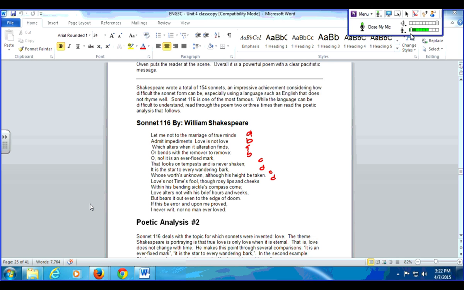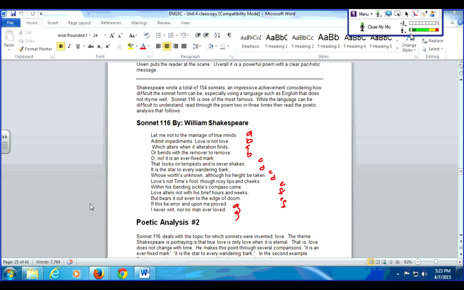So we have an E, F, E, F: cheeks, weeks, come and doom kind of go together. And then prove, loved is our G G. So almost everything rhymes together.